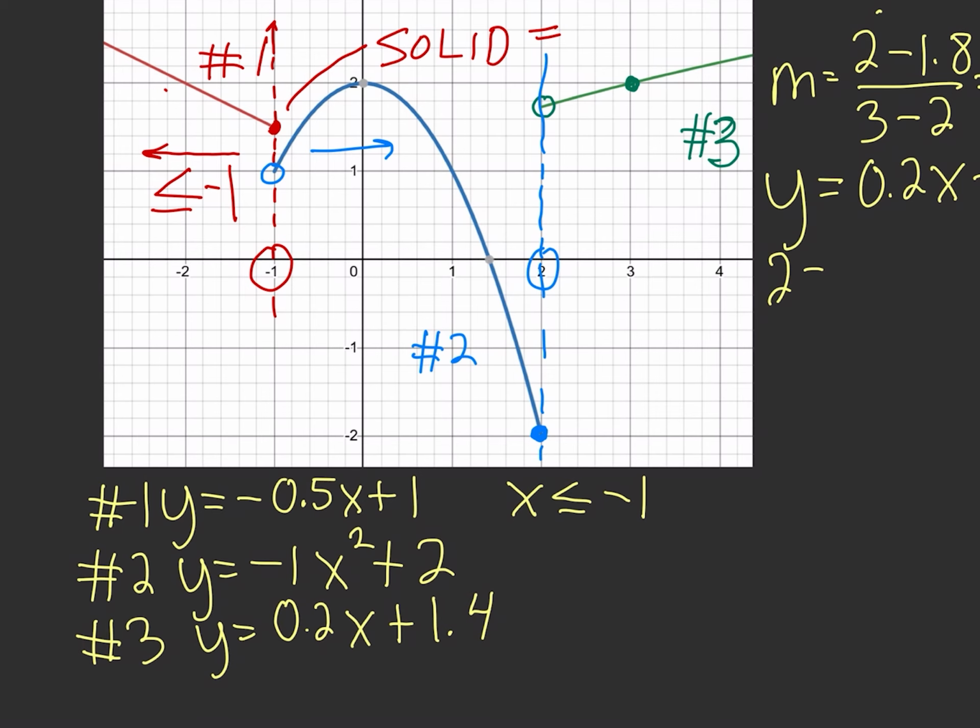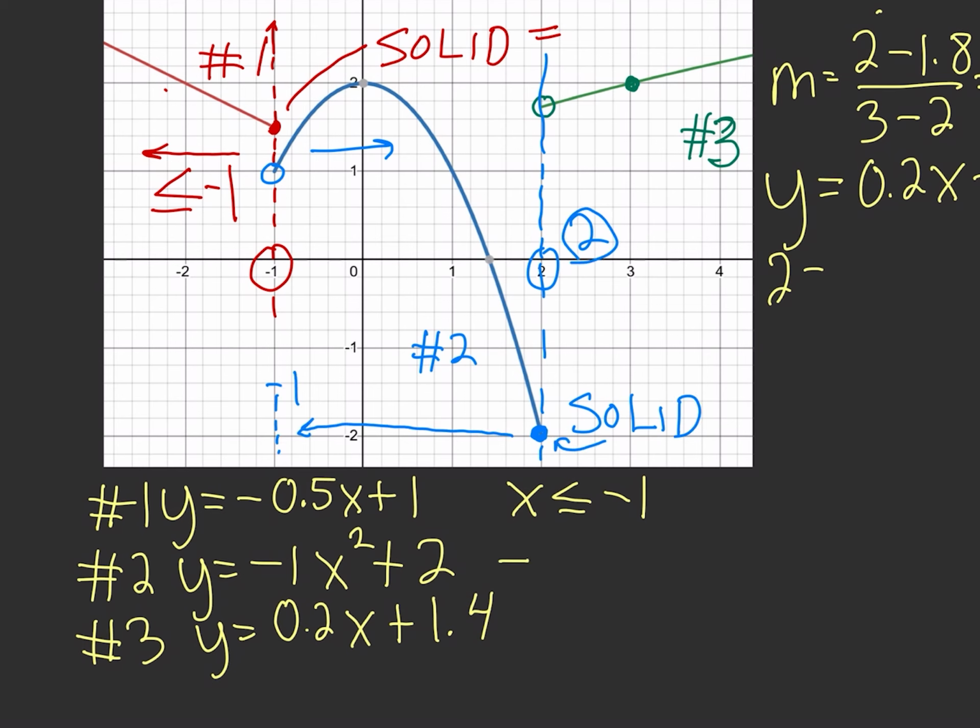That's the key barrier where one stops and the other takes over. So when x is 2, I have to decide which one gets the equal sign and which one doesn't. The key is that the solid dot is with the blue parabola, so I'm going to have to write that as equals.